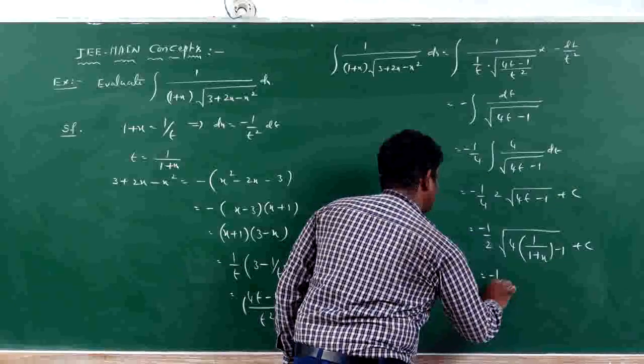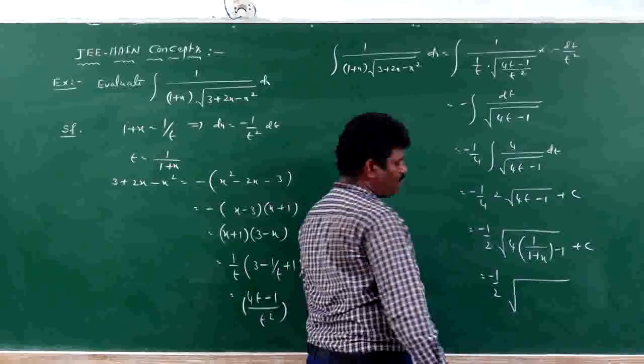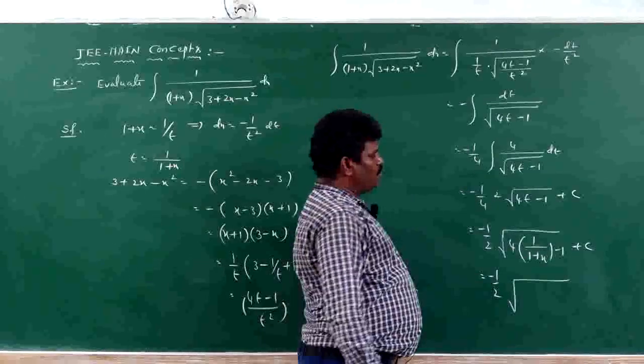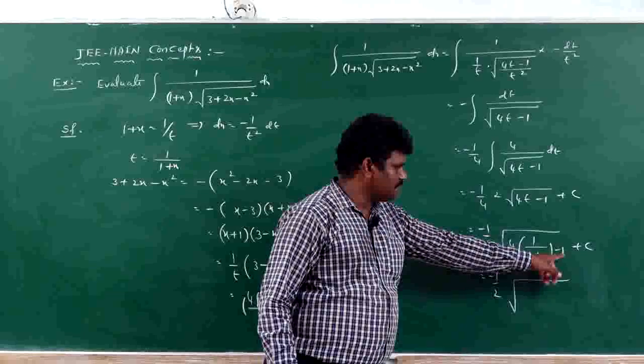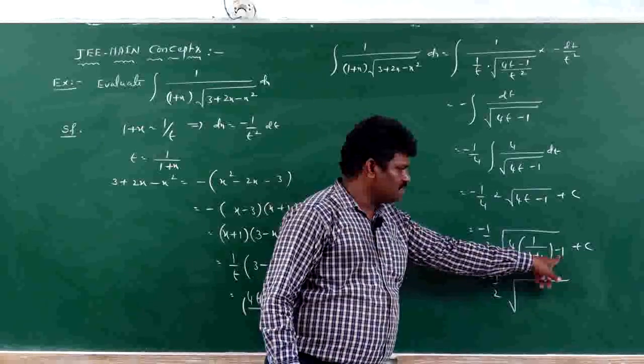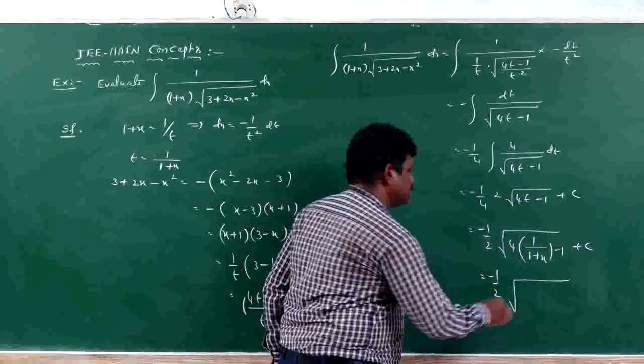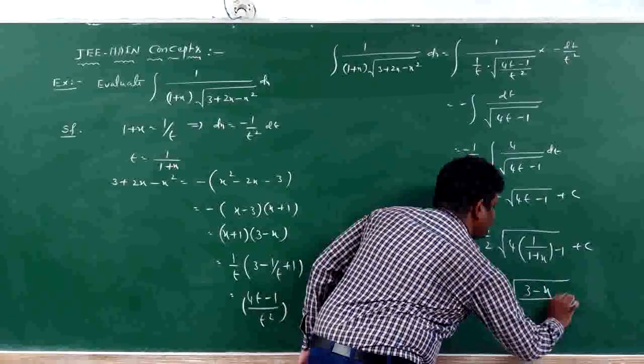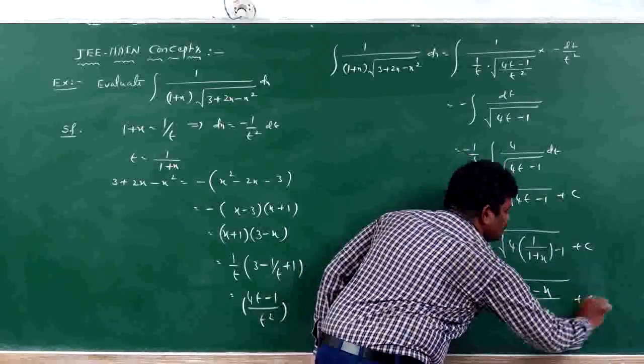That is equal to minus 1 by 2 square root of, taking the LCM, 4 minus 1 minus x, so 3 minus x by 1 plus x, plus c.